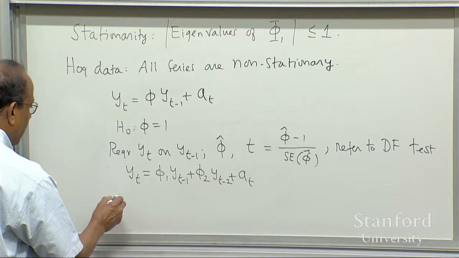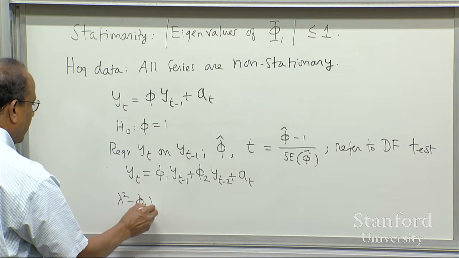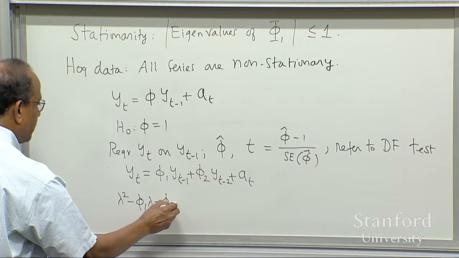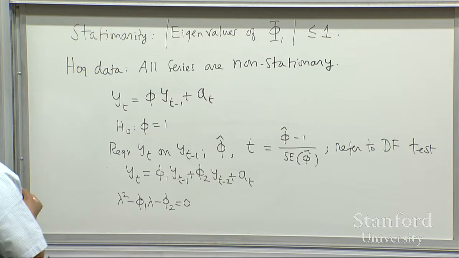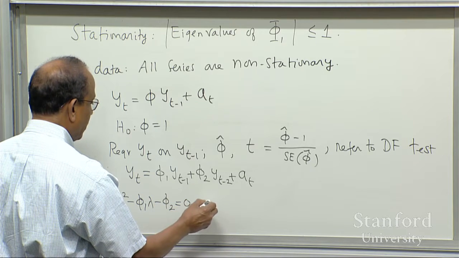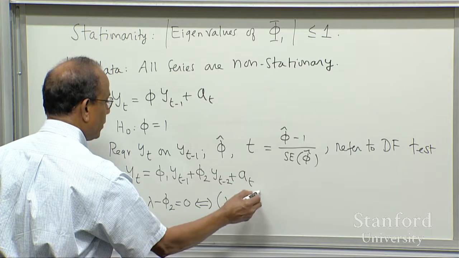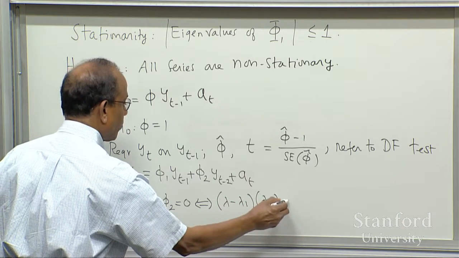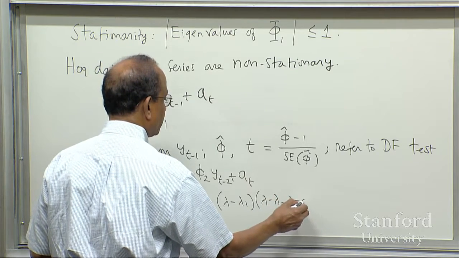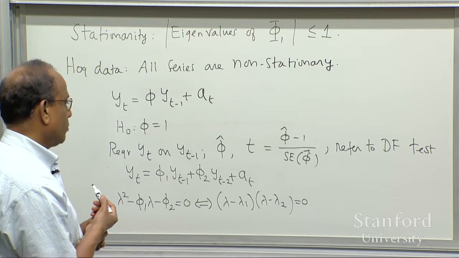As I mentioned before, if one of the roots of the equation lambda squared minus pi 1 lambda minus pi 2 is equal to 0 is equal to 1, that means there is a non-stationarity issue. This is equivalent to, if you solve this one, lambda minus lambda 1 times lambda minus lambda 2 is equal to 0, right? You have two roots.